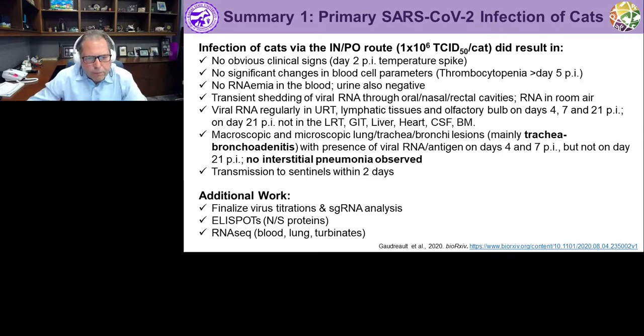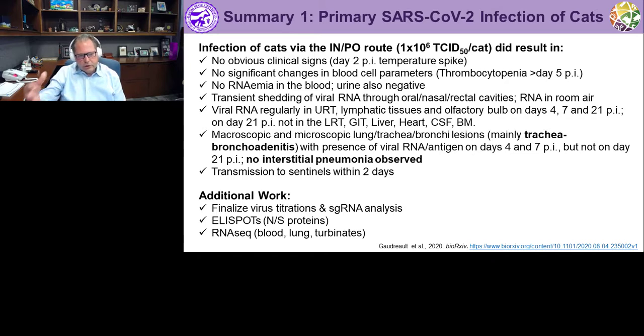We saw macroscopic and microscopic lung, trachea, and bronchial lesions, and it is a tracheobronchoadenitis. We could not see or did not recognize any interstitial pneumonia. And this tracheobronchoadenitis is associated with the presence of viral RNA and antigen on days 4 and 7, but not on day 21.